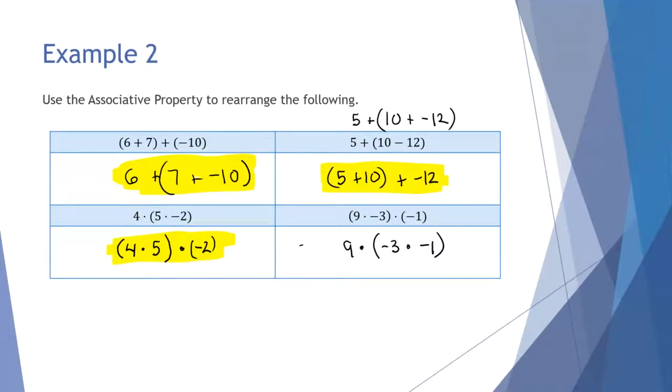Because everything is multiplication, you can just slide where your parentheses are. And that's the associative property. So with the commutative property, you're flip-flopping the order that it comes in. With the associative, you're just moving where the parentheses are.